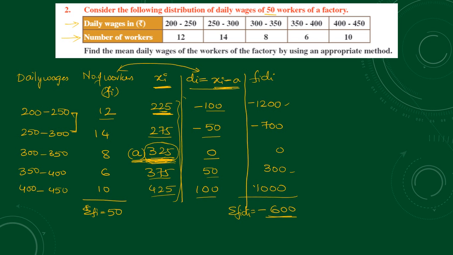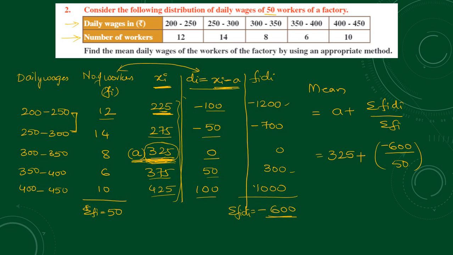Right? Now finally, what is the formula? Mean is equal to a plus sigma fi di by sigma fi. Now when I substitute the values, what is a here? I considered a as 325, plus summation of fi di, which is minus 600 divided by 50.